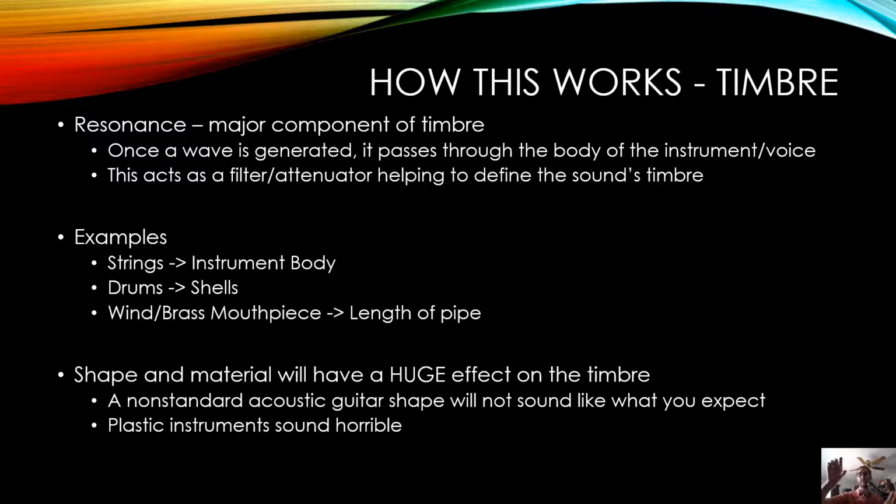Then underneath the bridge, connecting into the top and the bottom of the body, you have the sound post. That vibrates, and inside the body cavity, the vibrations are filtered, attenuated, amplified, and output from the body of the violin.